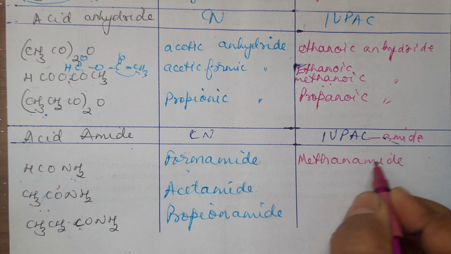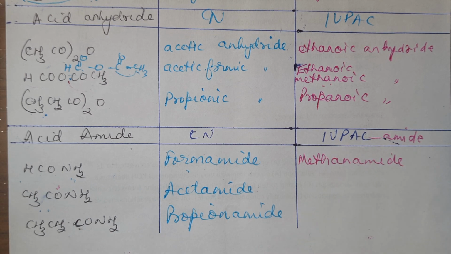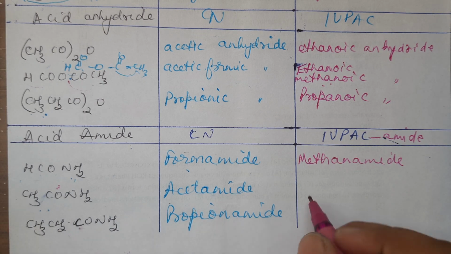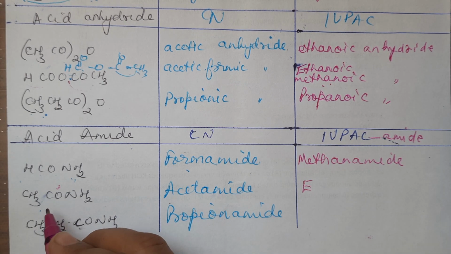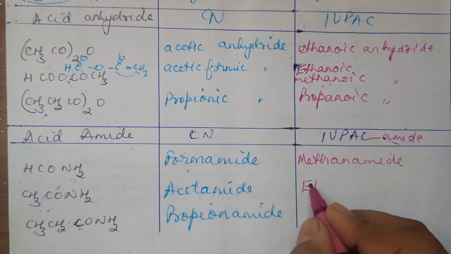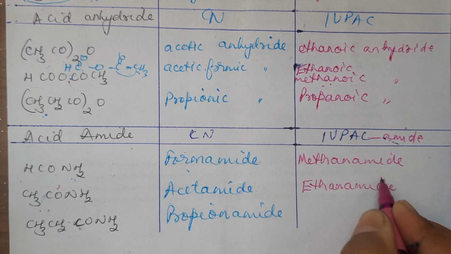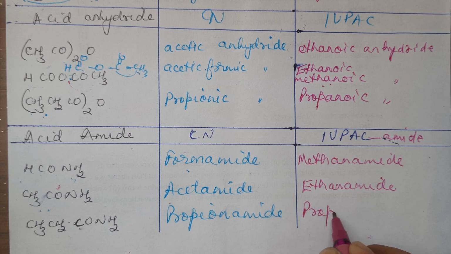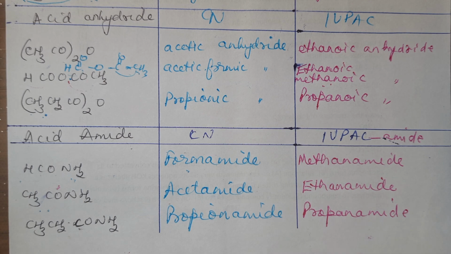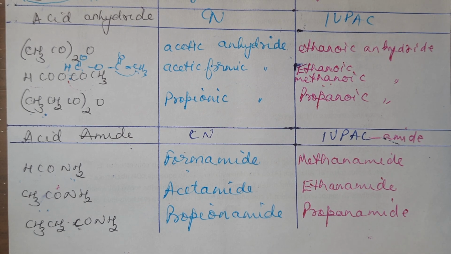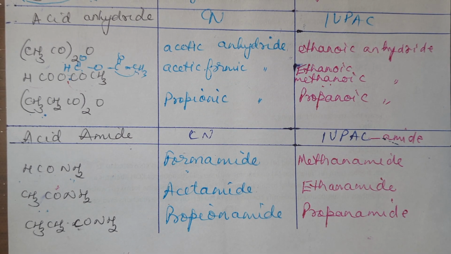E you are going to delete because this is also beginning with a vowel. So it is methanamide. This is obtained from acetic acid, ethanoic acid. You will name it as ethanamide. Likewise, propanamide. Okay, till here followed, children?